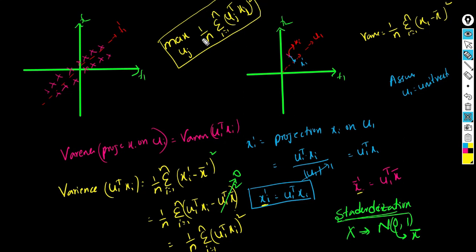This is the final equation. Now we have to solve this equation. By solving it we will get the unit vector u. These unit vectors are also called eigenvectors.